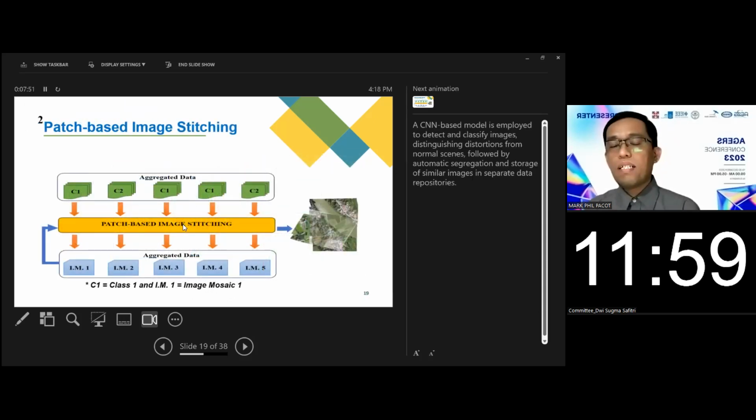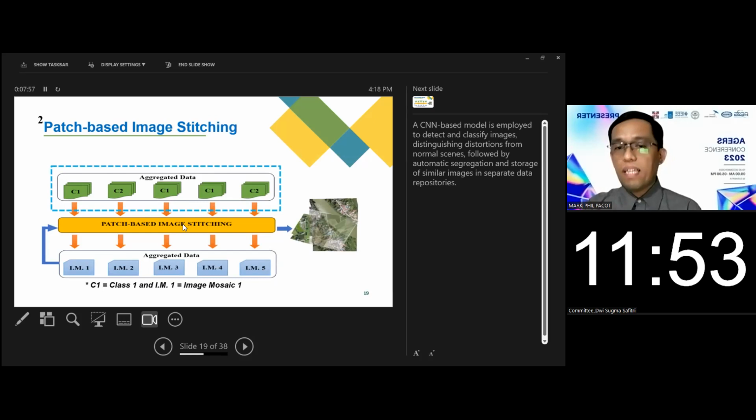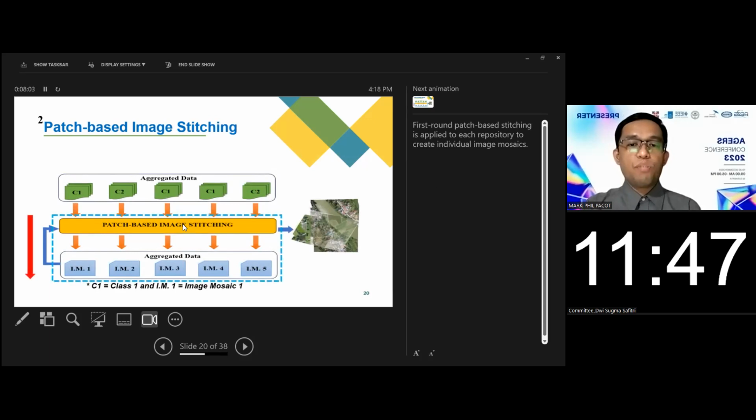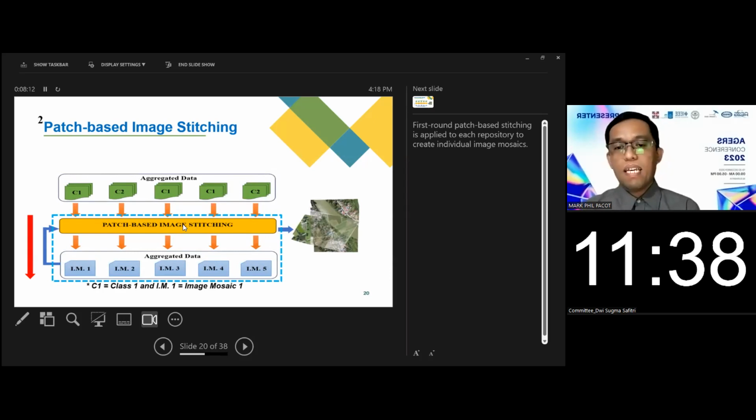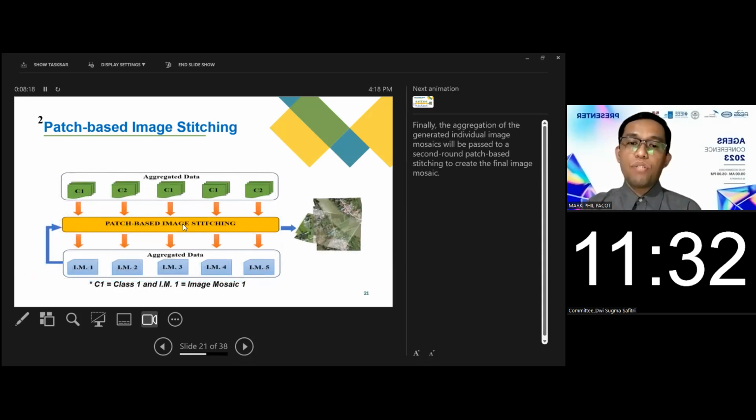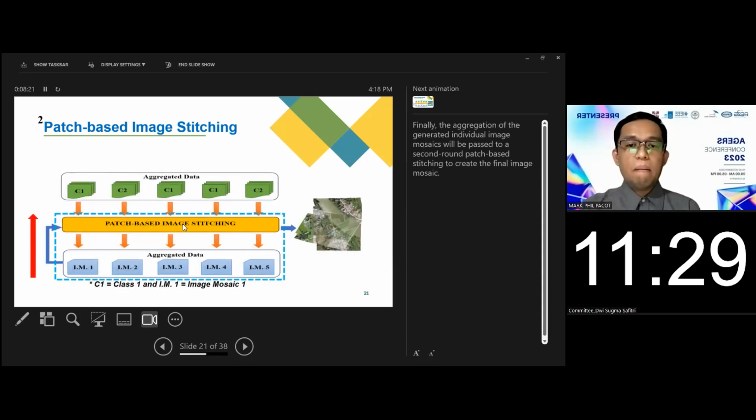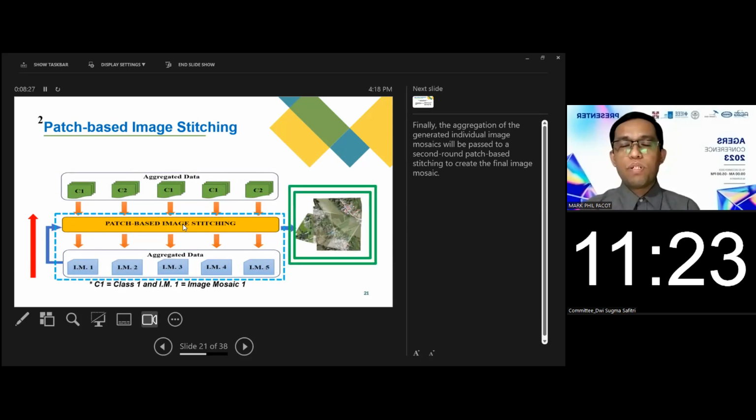For our second component, we have our patch-based image stitching. After generating those subgroups, we perform a first round of patch-based image stitching, which stitches the images in each subgroup to generate a sub-image mosaic. Then, after generating the sub-image mosaics, we perform a second round of patch-based image stitching to produce our final result, which tries to eliminate visual distortion in the final generated mosaic.